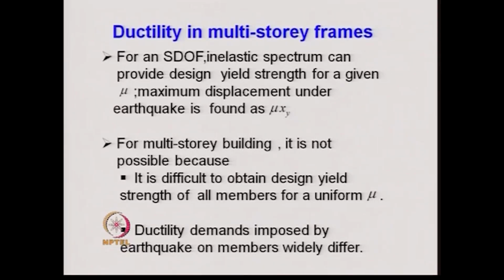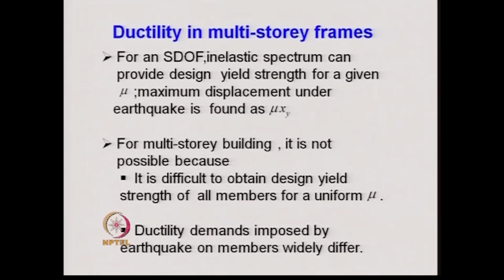It is difficult to obtain design yield strength of all members for a uniform value of mu. For the single degree of freedom system we have got only one spring, or in other words one member, and therefore, the mu value and the corresponding yield strength can be easily determined from the inelastic response spectrum curve.